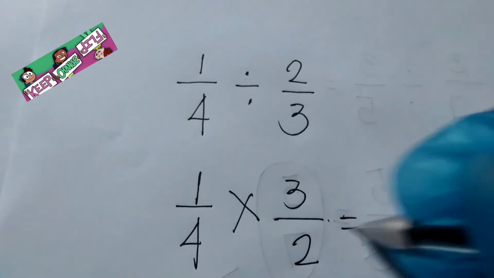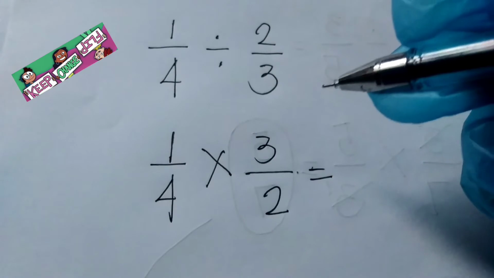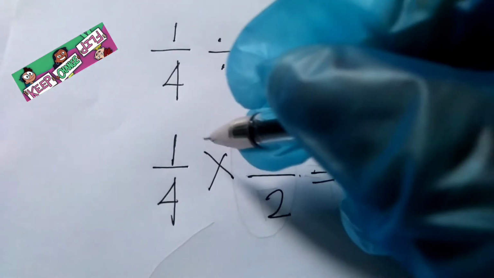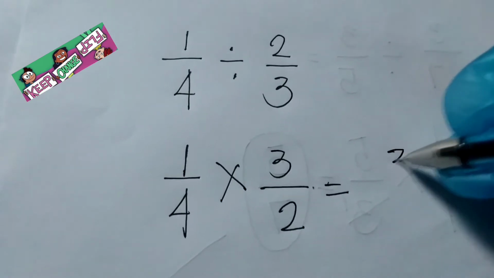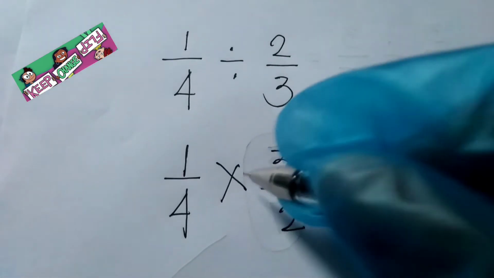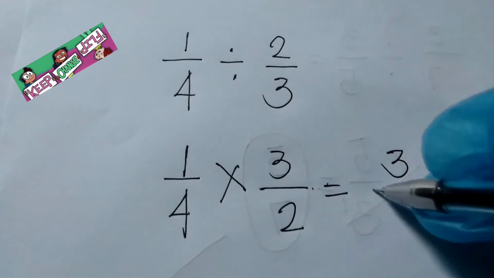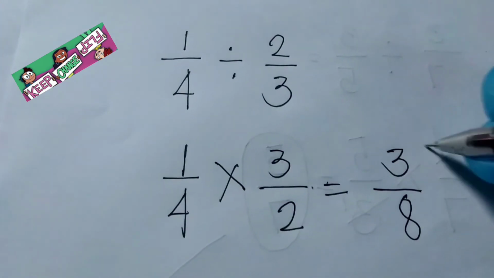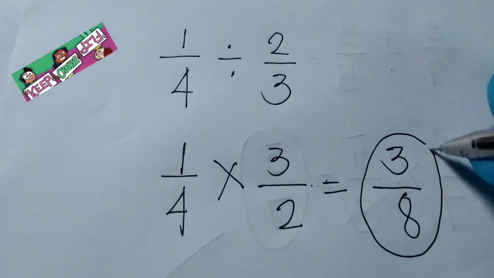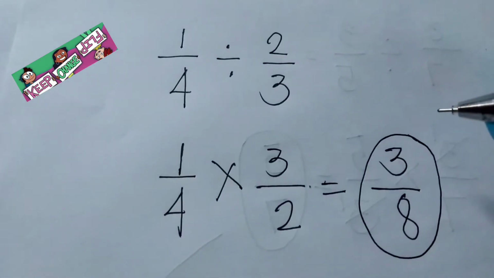Then proceed to multiplication. 1 times 3 is equal to 3. 4 times 2 is equal to 8. As you have observed, our answer is already in its lowest term, meaning to say that will be our final answer.